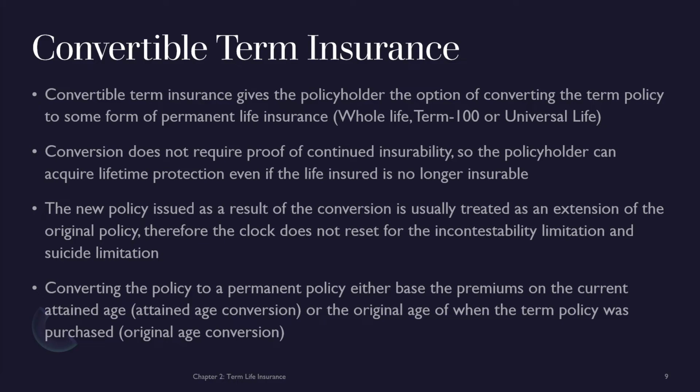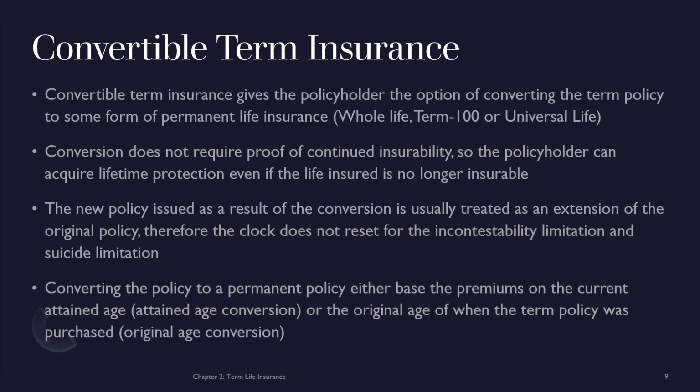Now, the conversion does not require proof of continued insurability, so the policyholder can acquire lifetime protection even if the life insured is no longer insurable. The new policy issued as a result of the conversion is usually treated as an extension of the original policy. Therefore, the clock does not reset for the incontestability limitation and the suicide limitation.